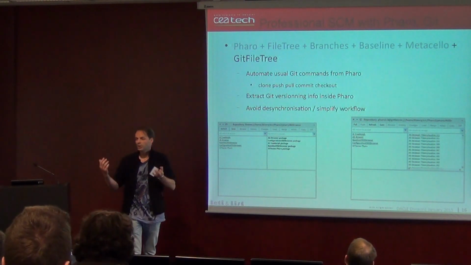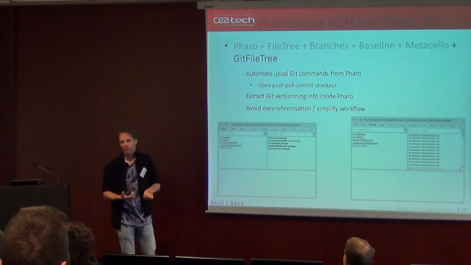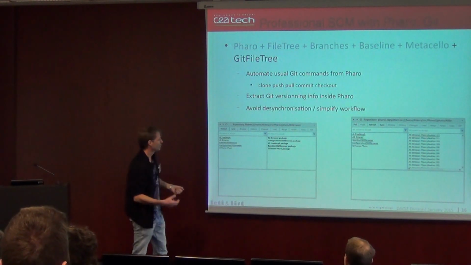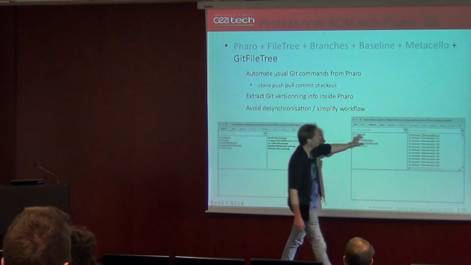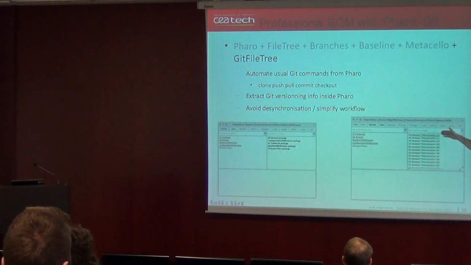Basically you don't work anymore with the changes. When you work like that, you look and you see your git has, in that particular case, 300 versions of the packages, and you can make history and diff between any of those.